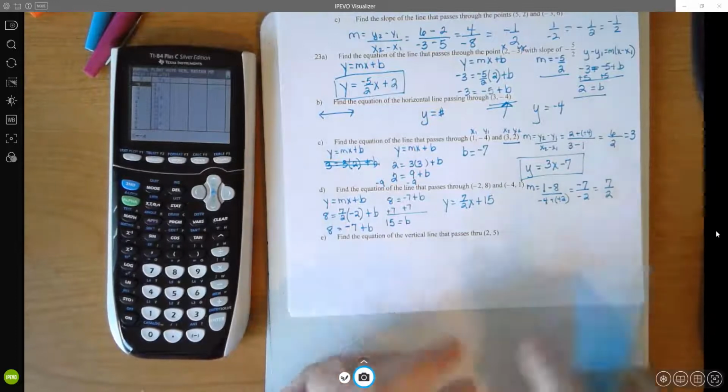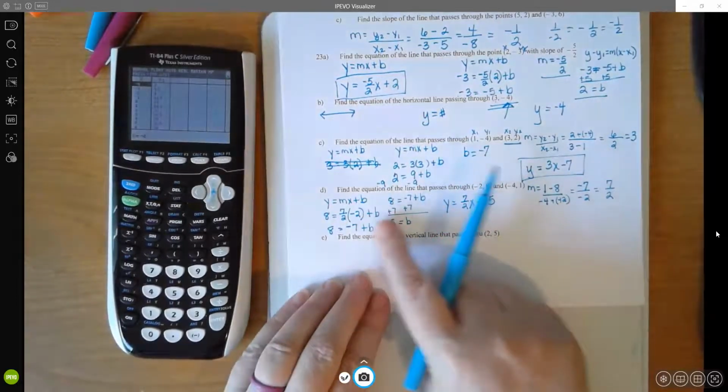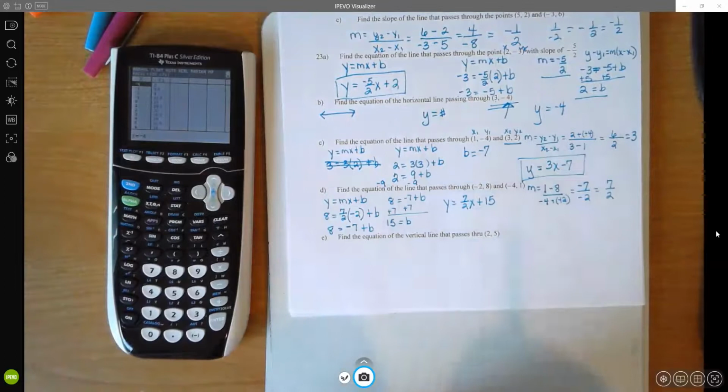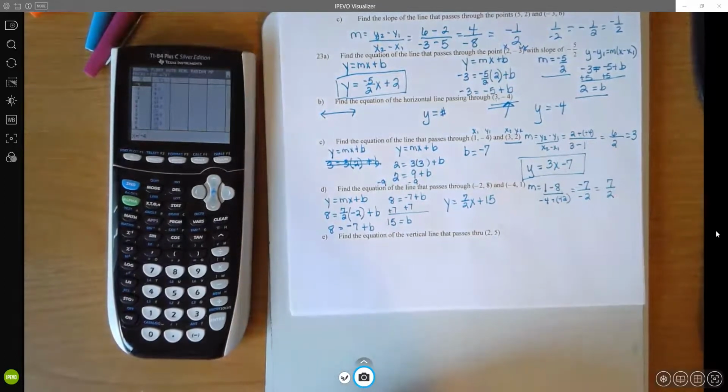My form was right because I found the slope, I put it in, I found my b, so my process was right, but this lets you check your arithmetic as well.